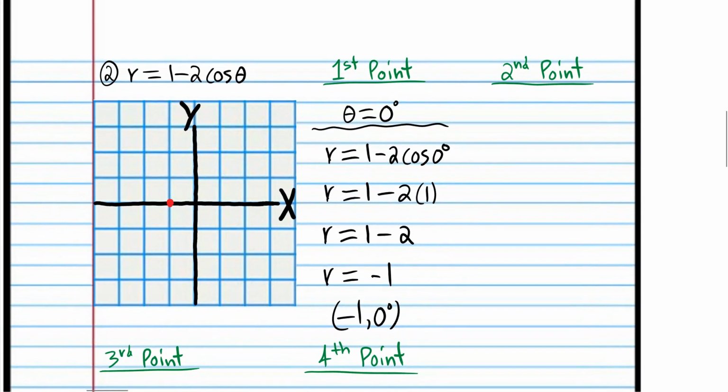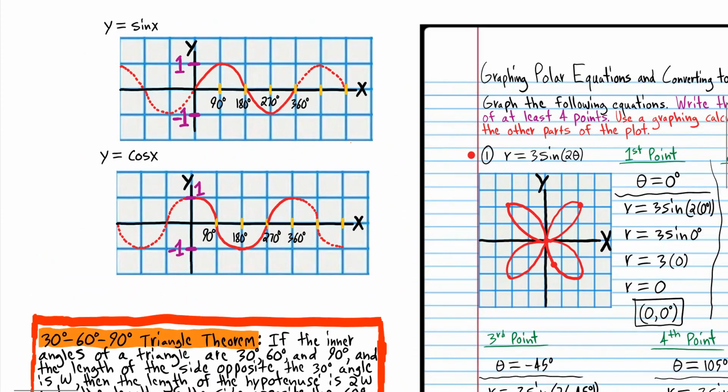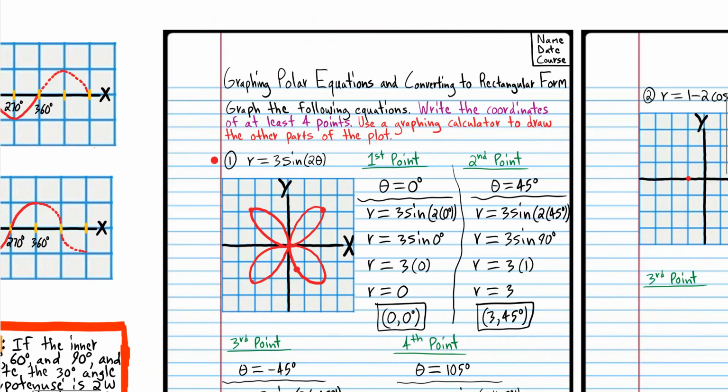And now let's find a second point. I want to try to stick with quadrantal angles because they're just easier to calculate with trigonometric functions as long as we have these graphs in our minds.